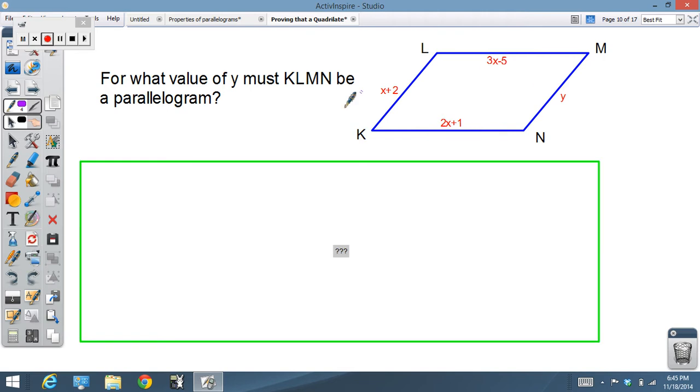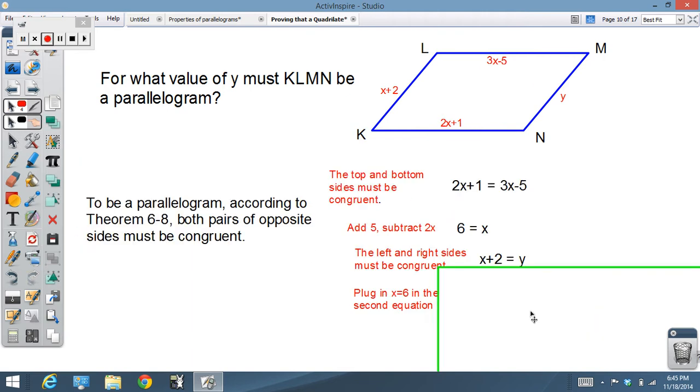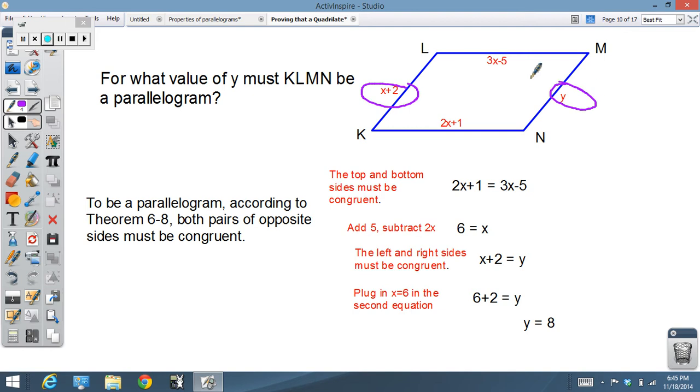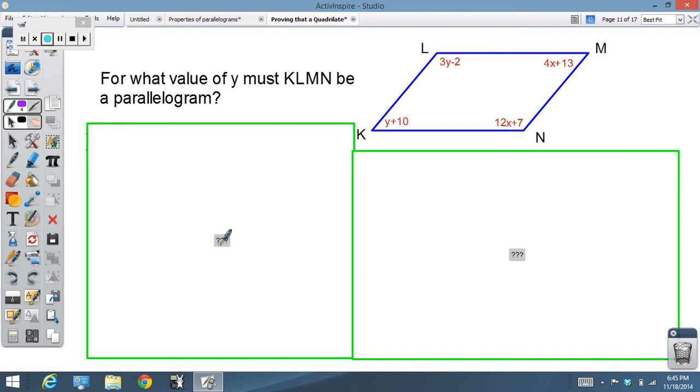And if that's the case, then we can also remember the second part of our deal is that both pairs of opposite sides must be congruent. So I set this equal to each other, I plug in the 6, and I find out that y would have to be 8. Next one.